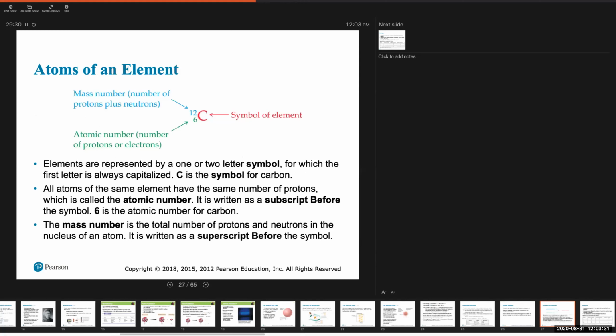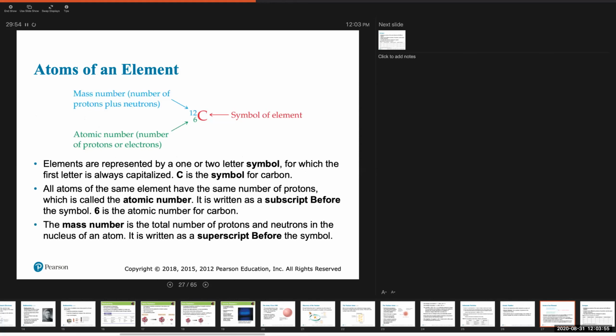So one way to write the elements is with this convention. We have here carbon. We see the capital C. That's our symbol for carbon. Then we have the 12, that superscript, which represents the number of protons plus the neutrons.